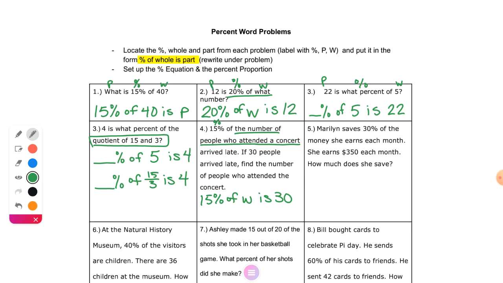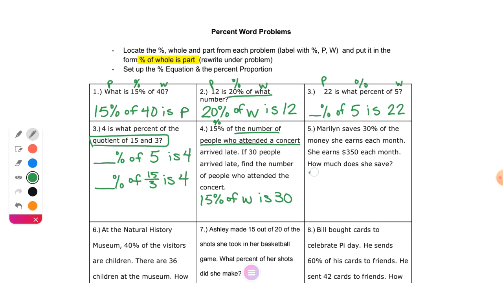So we do not know our whole. 30 is the part of our people that went to the concert. What does the 30 represent? The people that were late. So if they're not late, they were on time. Yeah, or early, yeah. So that is a part of the people that went to the concert. Represents part of it.